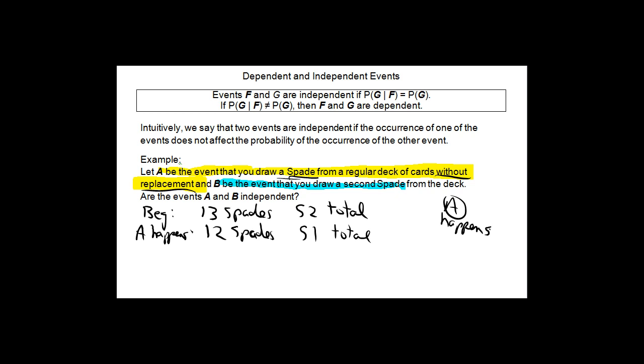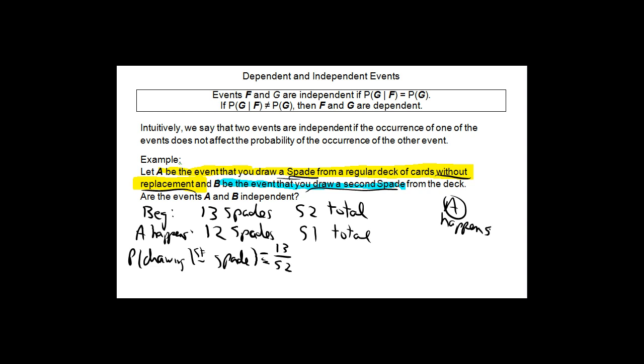So the question is, does drawing that spade out affect the probability of drawing a second spade? Well, obviously it does. If you draw one spade out and now you only have 12 spades, the probability of drawing a second spade is going to change. The probability of drawing the first spade is 13 out of 52. But the probability of drawing the second spade, if you don't put the spade back in, is going to be 12 out of 51.